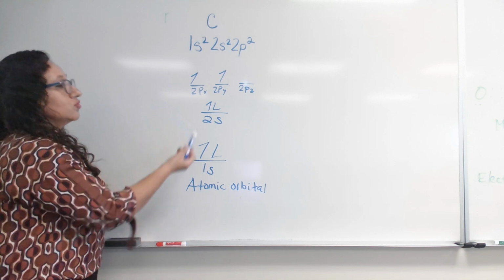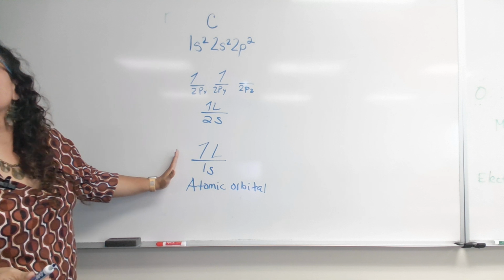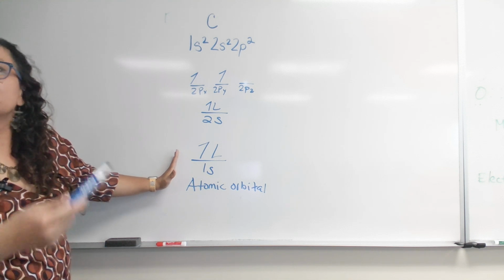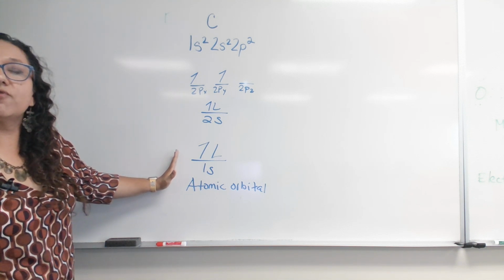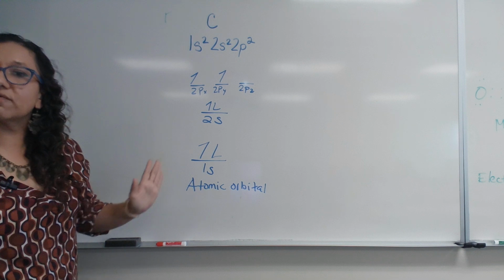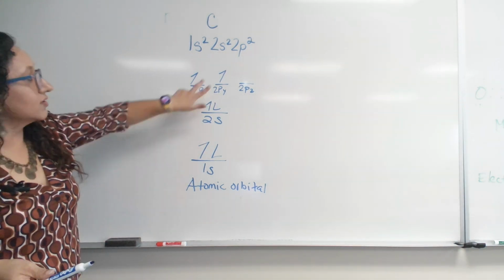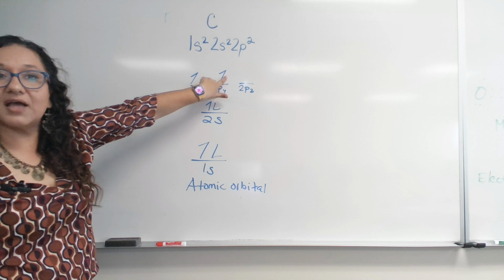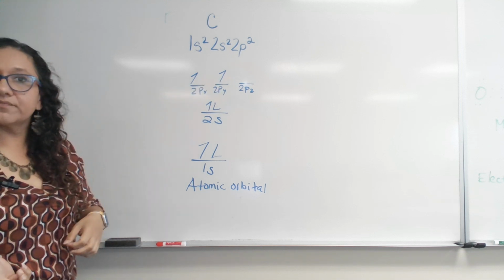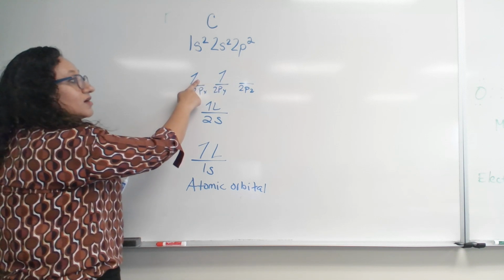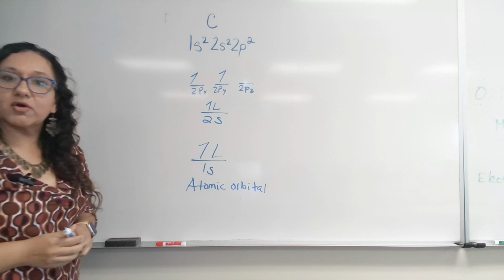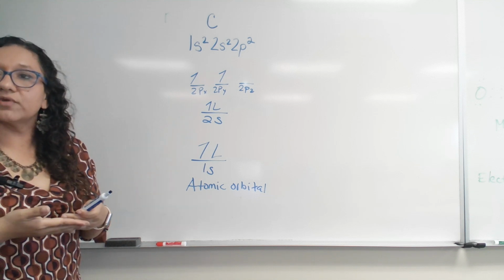So if you look at this and you say, which electrons can form a bond? Which electrons are available to dance? You would think that carbon only has 2 spots to dance with. This electron can find a partner, and this electron can find a partner, can find someone to bond with.